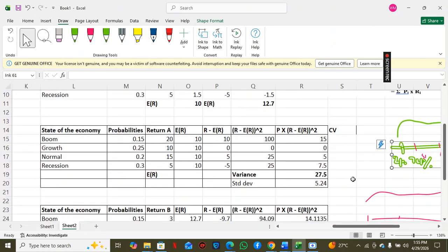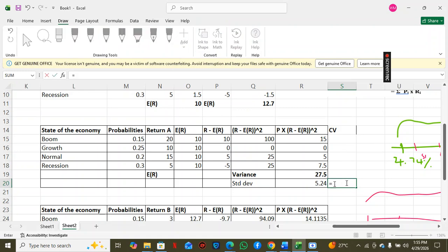So here the standard deviation for company A is 5.24 divided by the expected return of 10. You get 0.524. It is saying we're incurring a 0.52% risk for every 1% return.